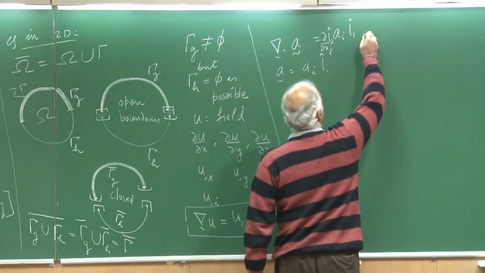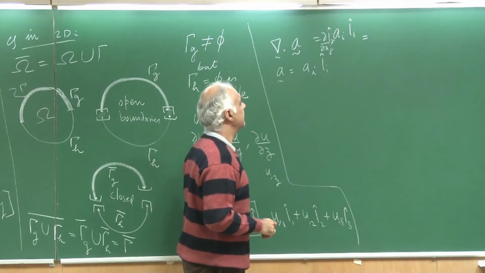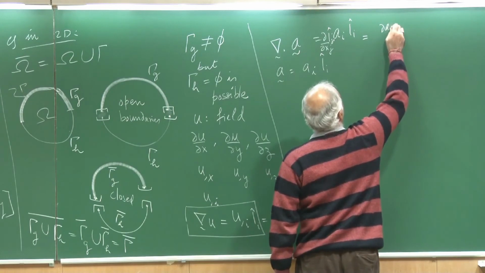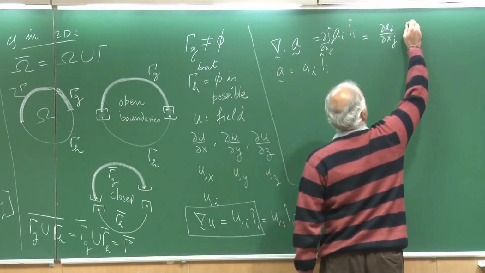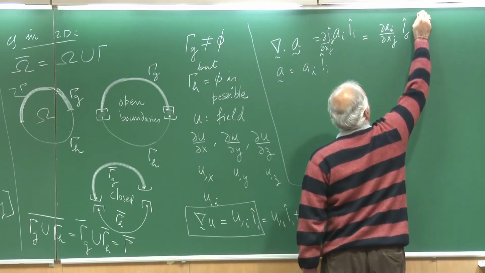So this therefore becomes, and there is a dot here because it is the divergence, del Ai by del xj, and this becomes Ij dotted with Ii.